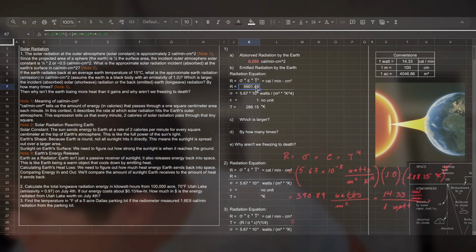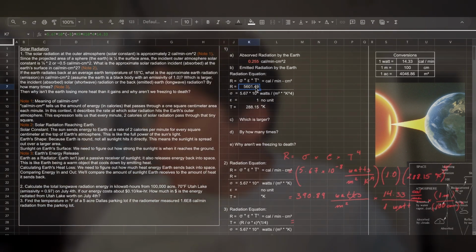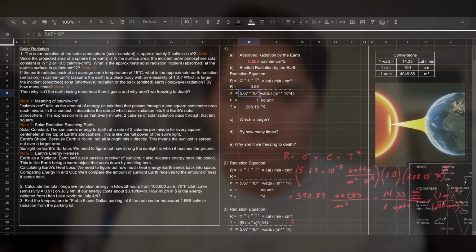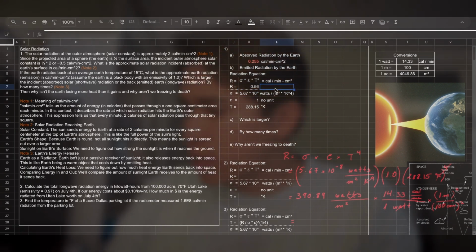Okay, and now we need to convert. In 1 meter, there are 100 centimeters. So in 1 meter square, we need to divide by 100 squared, so four more zeros, and we get 0.56.